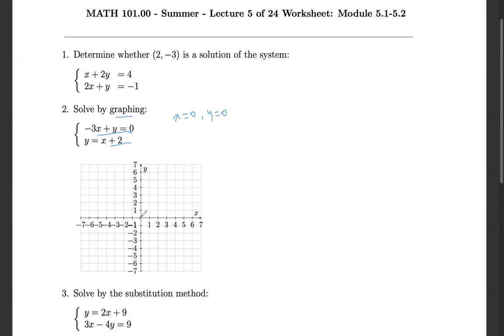So we have the origin on the graph. Now, if we let x be 1, we have -3 times 1 plus y equals 0. Then -3 plus y equals 0. Move -3 to the other side, it becomes positive, so y equals 3. So we have the point (1, 3), right? X value is 1, y value is 3.